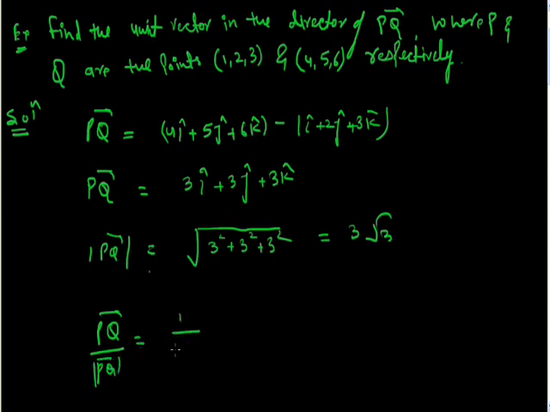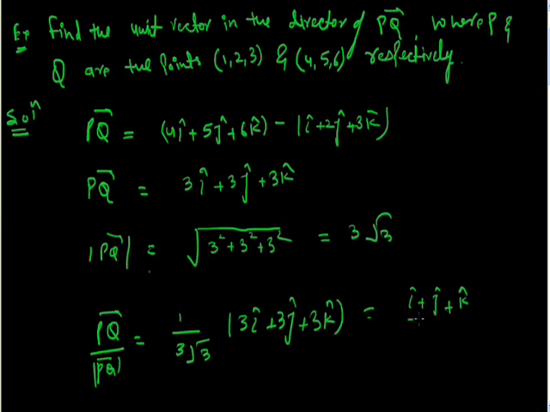So I get 1 by 3 root 3 times (3i cap plus 3j cap plus 3k cap). Now taking the common 3, I get (i cap plus j cap plus k cap) by root 3. Now in the next class, we will continue with examples based on the components of vectors.